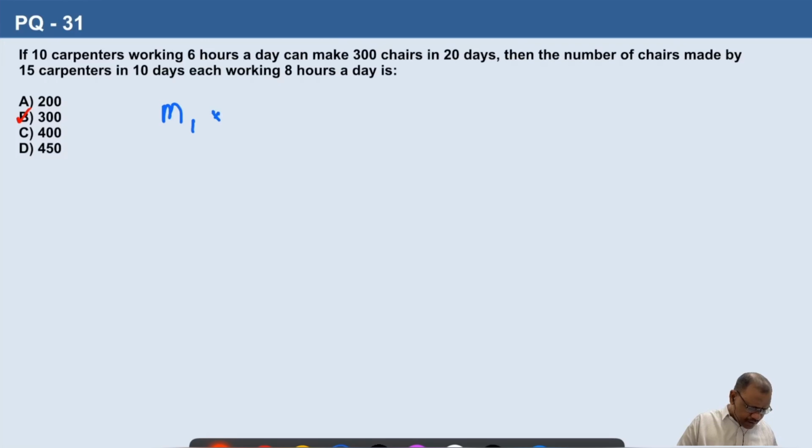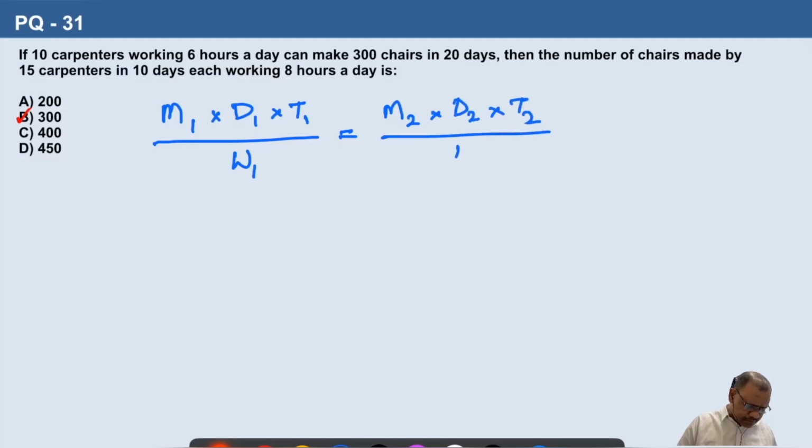M1 into D1 into T1 divided by W1 is equal to M2 into D2 into T2 by W2. The work is the number of chairs.